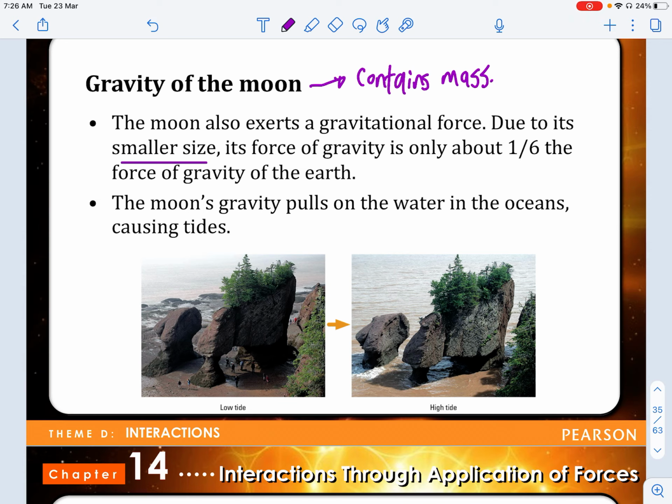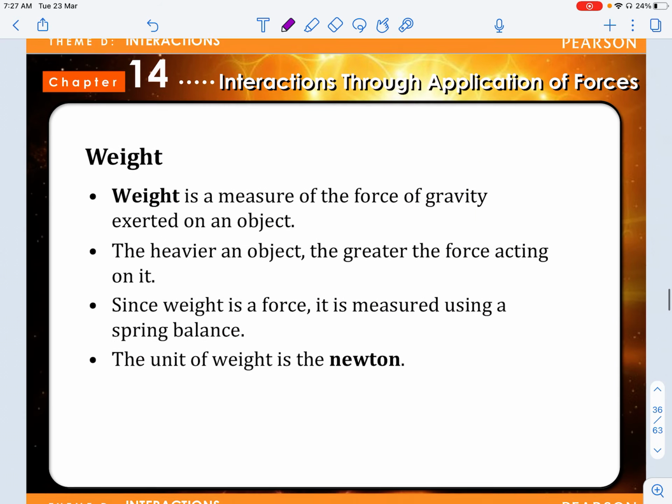So it will affect your weight, where you will feel lighter on the moon rather than on earth. The moon's gravitational pull on the water in the oceans also causes the difference in tide change, where the nearer the moon is to the earth, the greater the gravitational force pulling the water upwards, causing high tide.